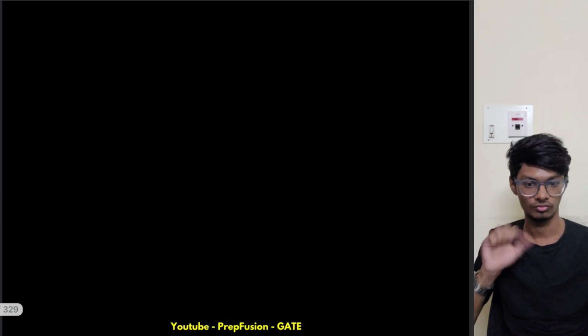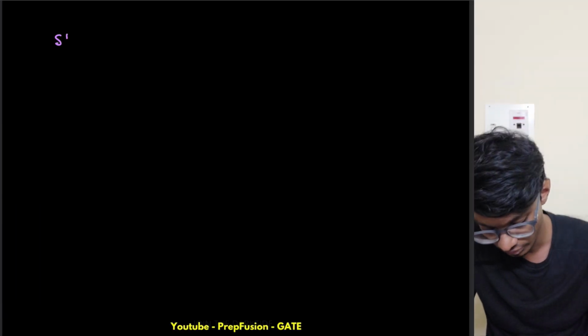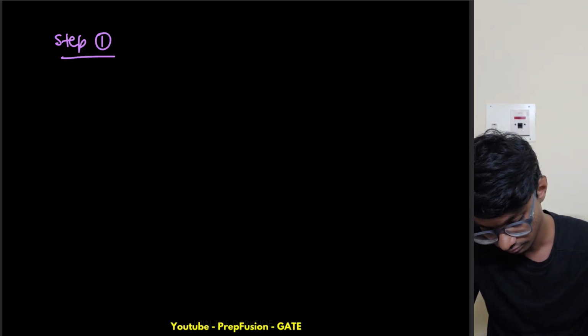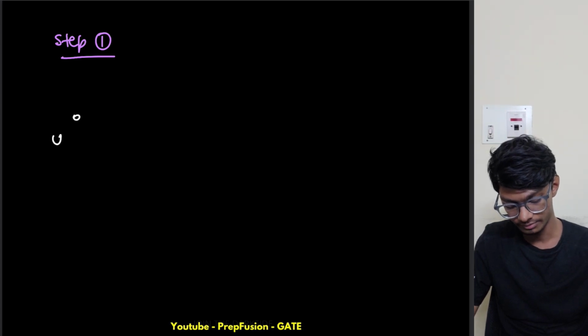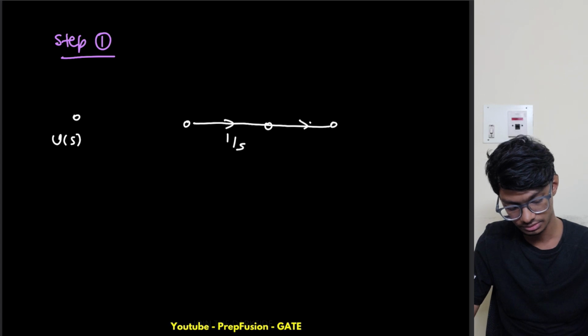So step 1: here I will have an input, and in between I will have 2 1 by s terms, 1 by s and 1 by s, and here I will have my output.